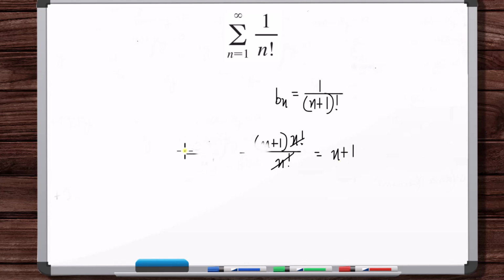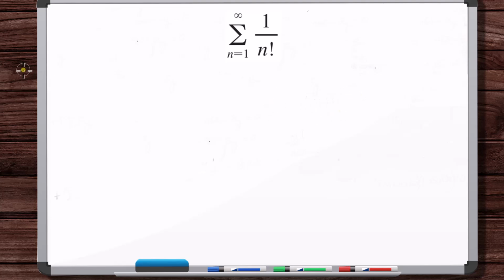Okay, so with that in mind, let's choose a b sub n, because we need to choose something that results in a sequence that we know converges. Actually, the more I think about this, we can just do a straight-up comparison test. If we said 1 over 2 to the n.